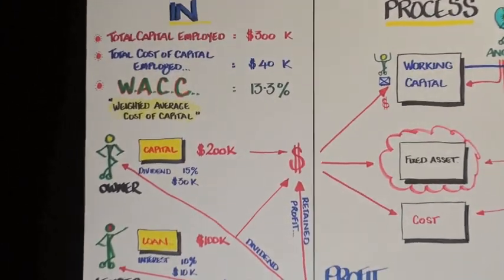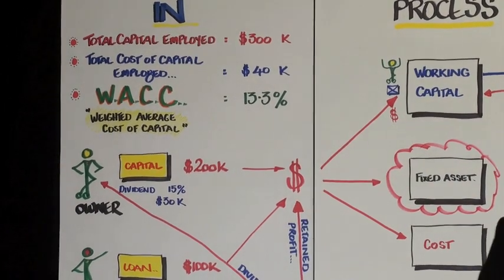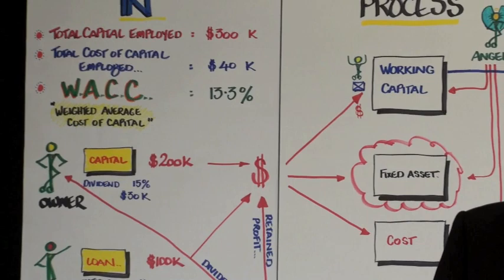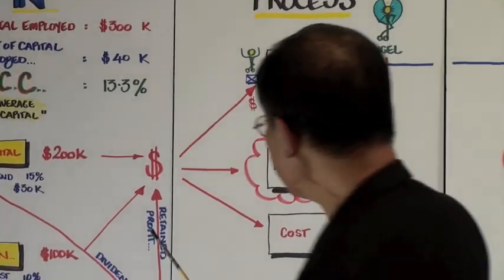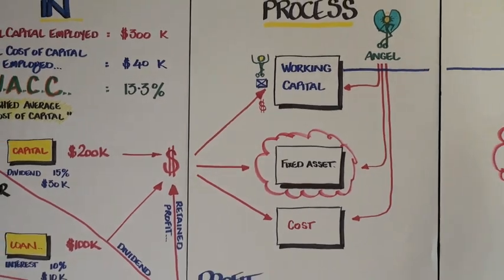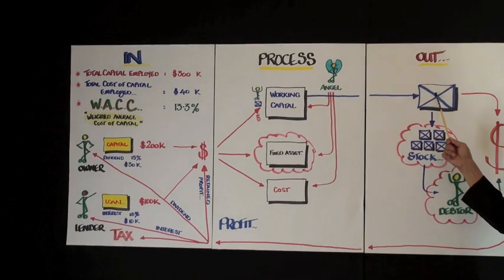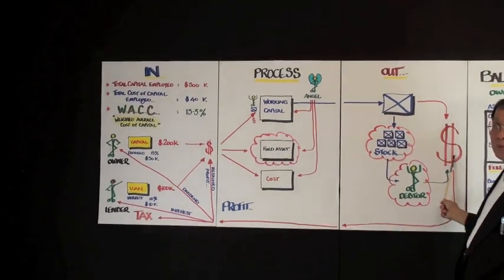If you earn anything less than 13.3%, then you are not actually making money. The money that comes in here goes into what we call working capital. Comes in here, that working capital produces a product which eventually ends up into money.